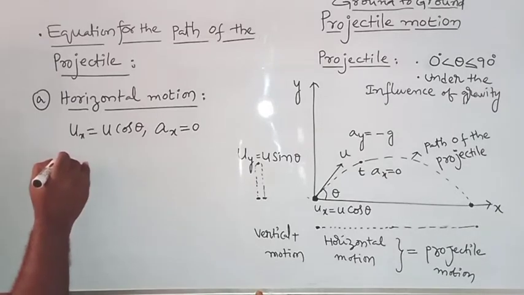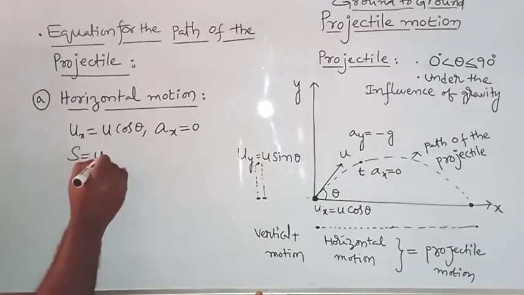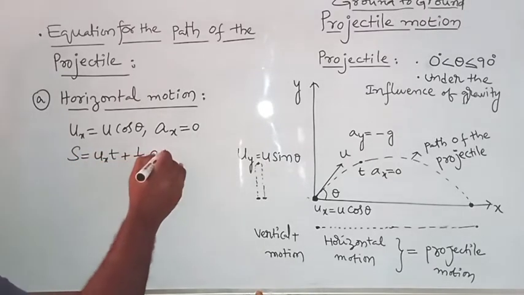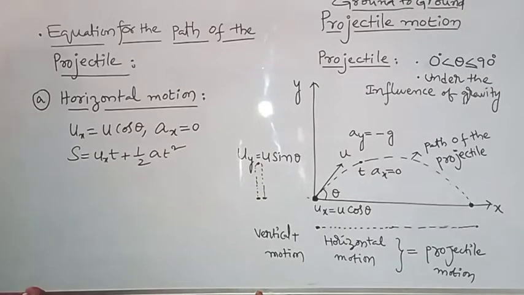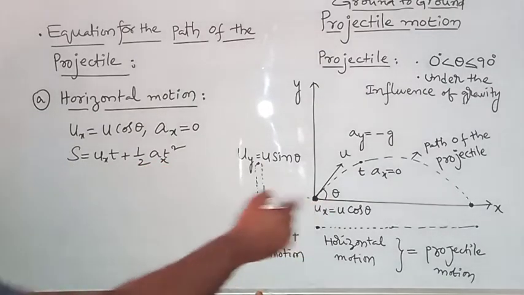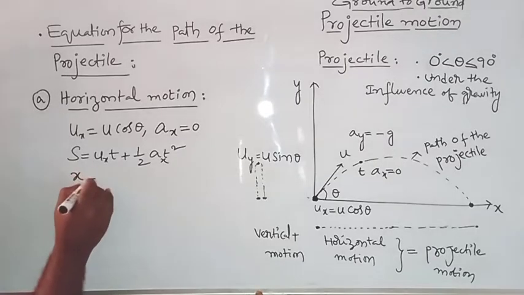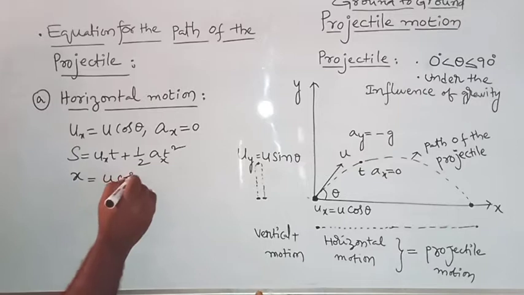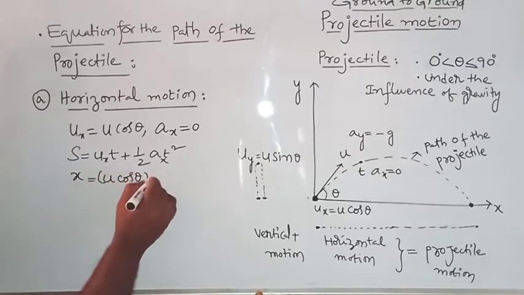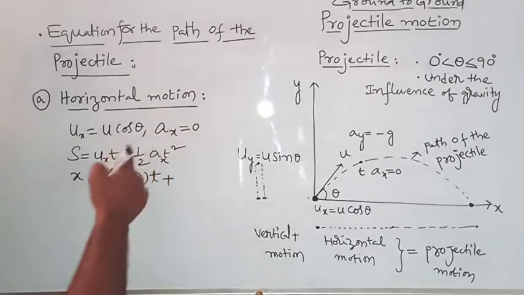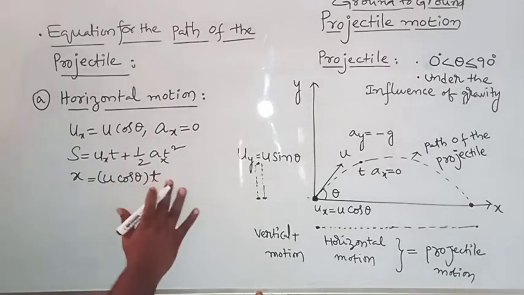Here we know the displacement formula S equals ut plus half a t square according to kinematic equations. Now substitute the value, displacement along x-axis we can take as x, ux equals u cos theta into t plus half ax t square, ax is 0, so this total term becomes 0.